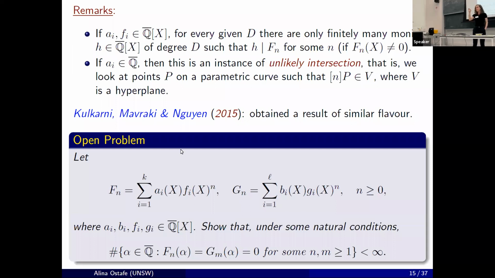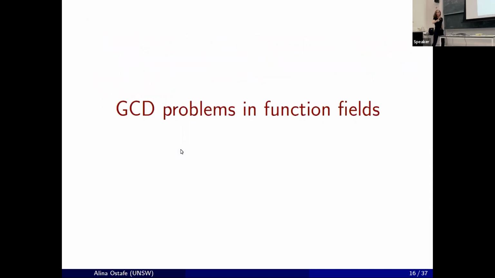But what if we look at algebraic numbers alpha that satisfy two such relations? One should expect that we get finiteness. And this is not known. So it would be nice to prove such a finiteness result. All right. So this is the first part about unlikely intersection problems.